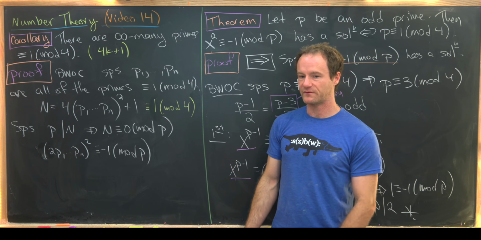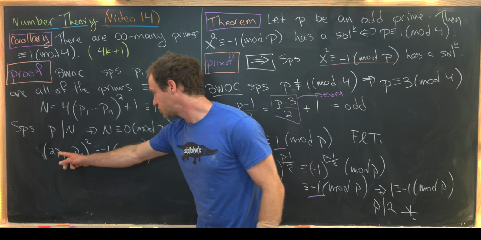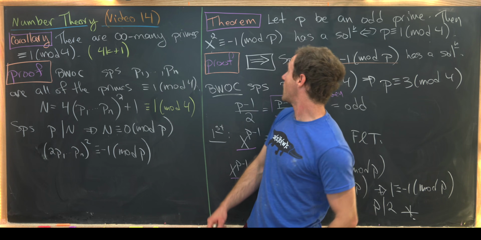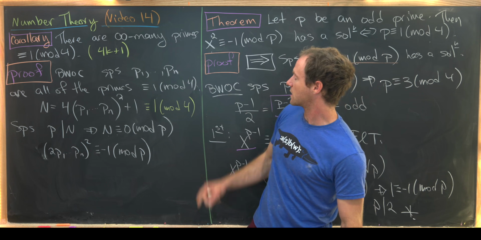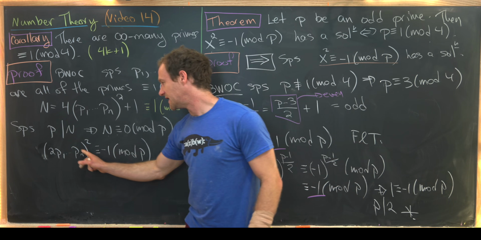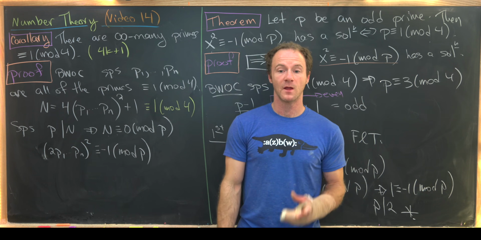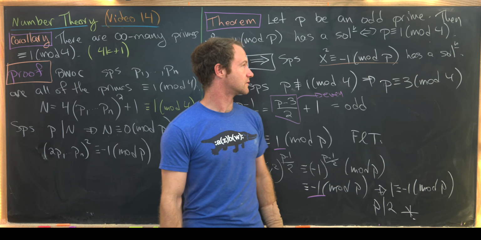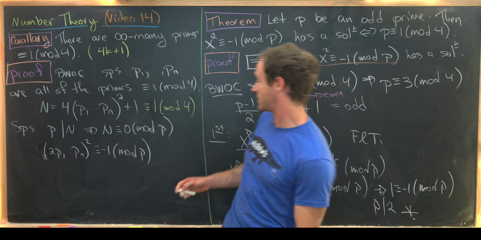Okay, but let's look at what we've got. We've got a solution, 2 times P1 up to Pn, of the equation x squared is congruent to -1 mod P, right? So our x is this product right here. What does that tell us? That tells us that our prime is congruent to 1 mod 4 by this theorem.